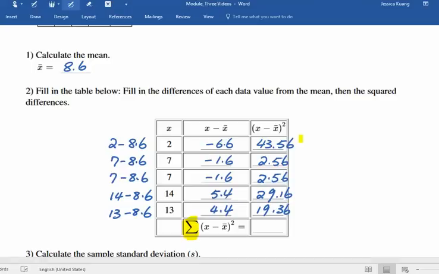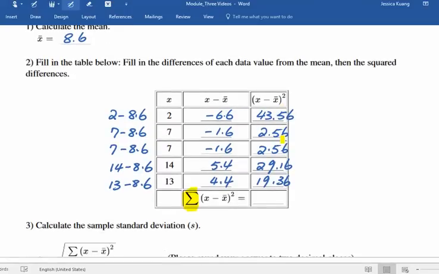But in this case, I only have positive values, because I didn't just sum up the difference, I summed up the square difference. In standard deviation, we're trying to measure how spread out our data values are. So it doesn't matter whether my data value is below or above the mean. The way we measure them is exactly the same. We are really just calculating the deviation from the mean.